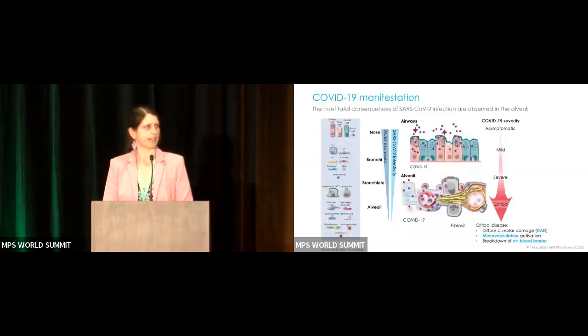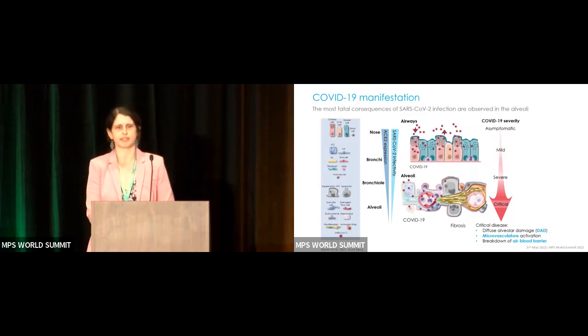So this virus can manifest in all sites of the respiratory tract. In the upper airways, it can infect mainly the ciliated cells or also secretory cells, but the symptoms are usually mild, despite high viral titers that are reached in this area of the respiratory tract.